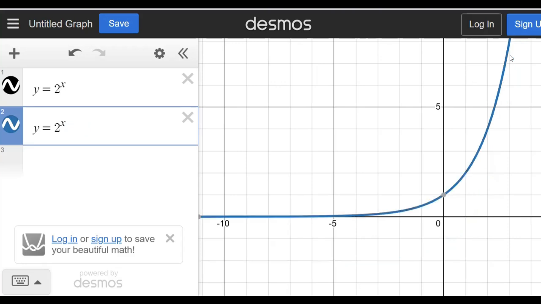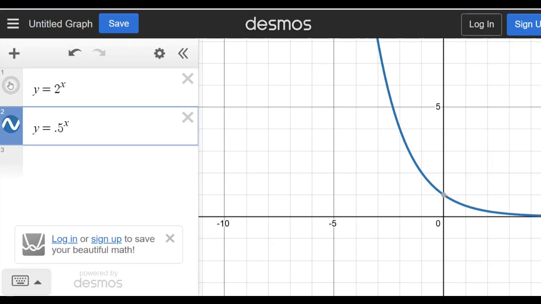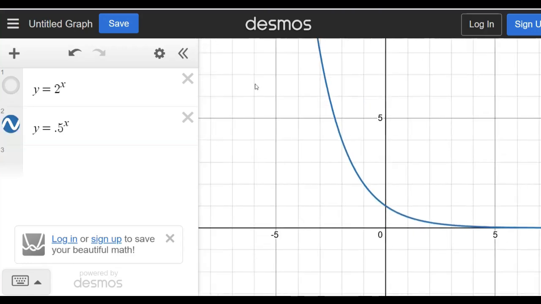Let's take a look at something else here. Let's do 0.5. Back this up, there's 0.5. Now check this out. I'm going to go ahead and turn off the 2 to the x. 0.5 to the x is like the opposite of the doubling function, a halving function. So you can see this now is decreasing instead of increasing.